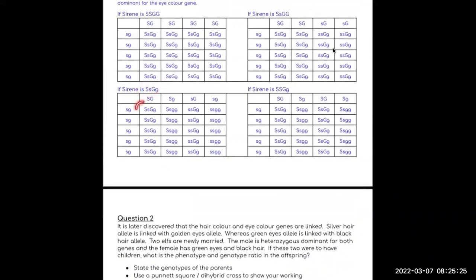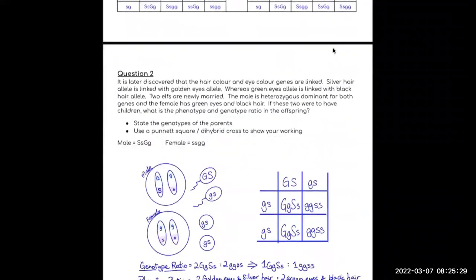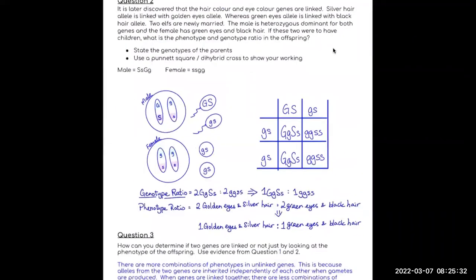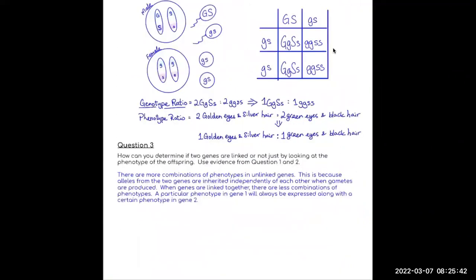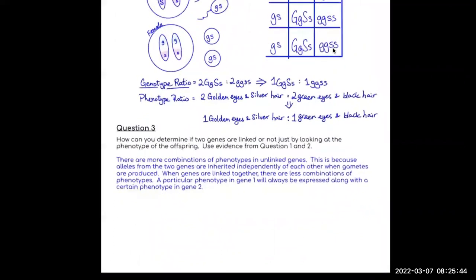You can see that all different situations are possible. And when genes are linked, because they're inherited on the same chromosome, you get way fewer combinations of genotype and phenotype. And that is a major difference.